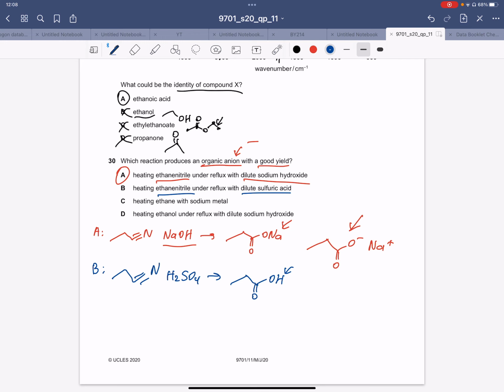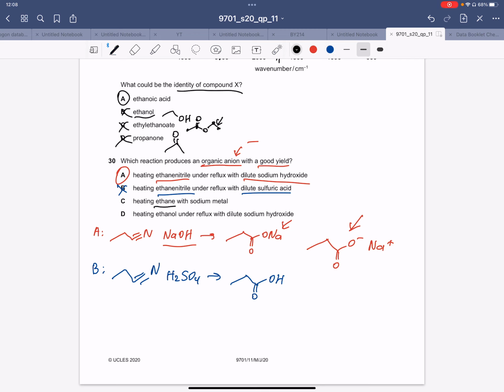So you don't actually have an anion. It just remains in acid form. So you're not going to have a negative anion at all. So answer B is not correct because there's no anion. It's just carboxylic acid, just propanoic acid. So watch out for that.